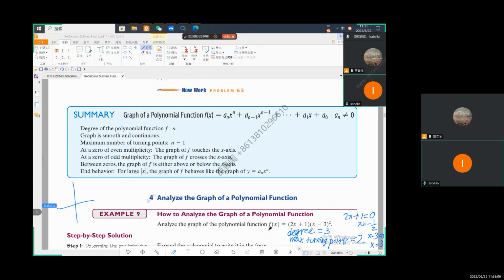Okay, I'm going to make the graph really quick. I'm trying to think about this.